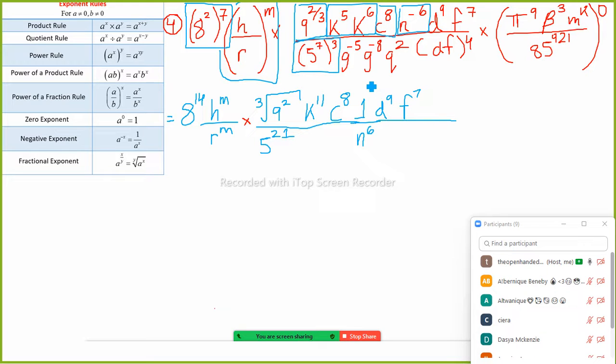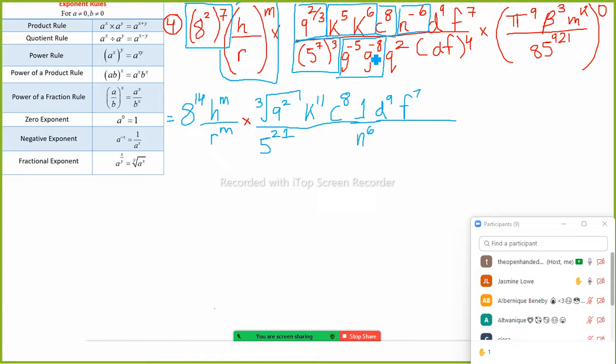And then we have g to the power of -5 and g to the power of -8. Bernique, what do we do with that? All right, Jasmine, go ahead.